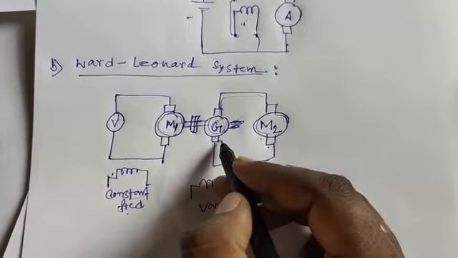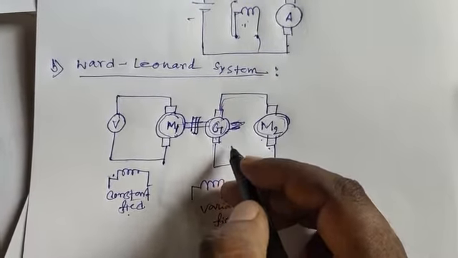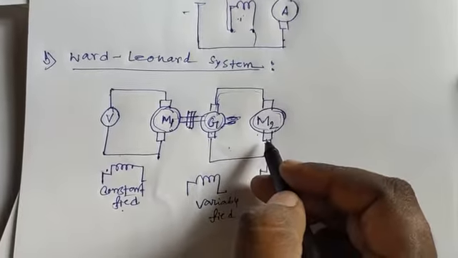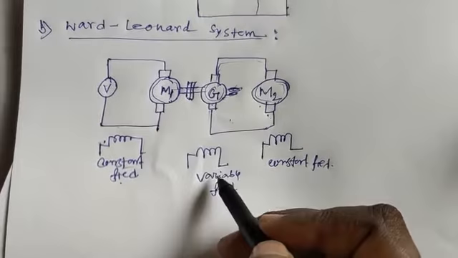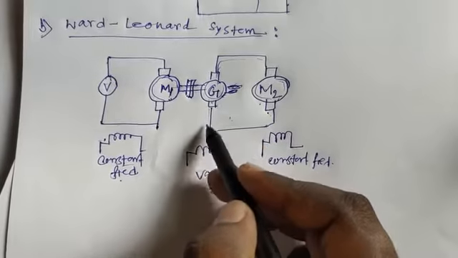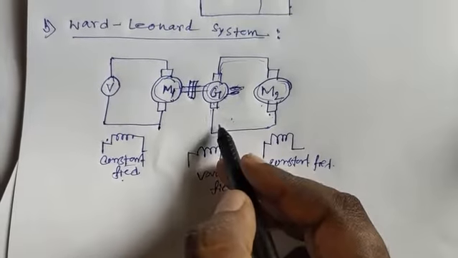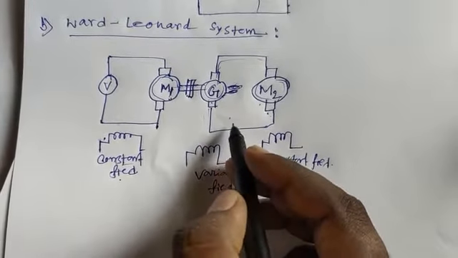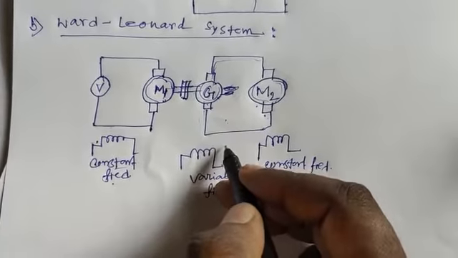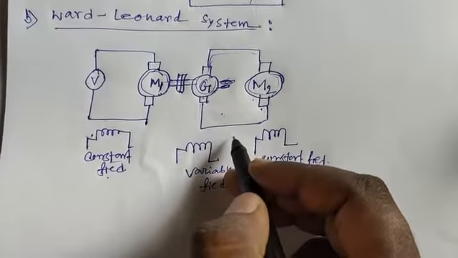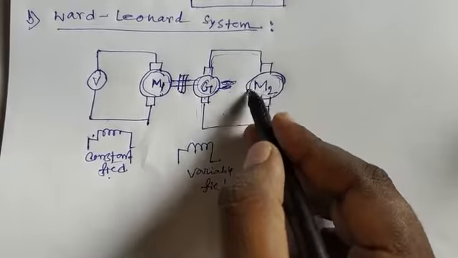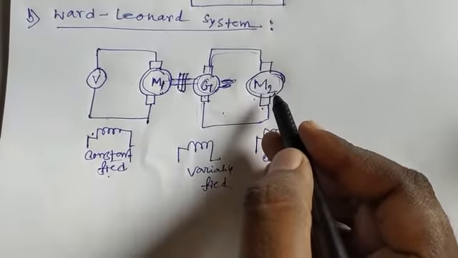The output of generator G can be varied from 0 to the maximum value by means of its field regulator, and hence the armature voltage of the motor M2 is varied very smoothly.